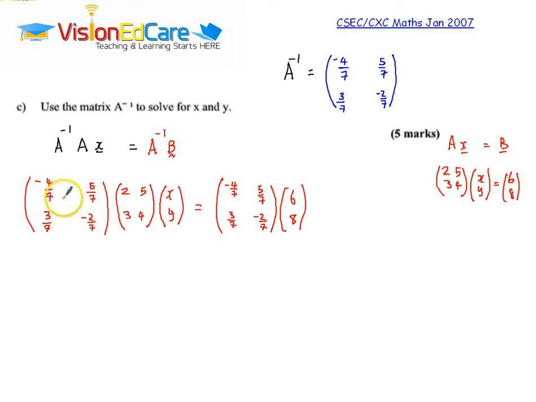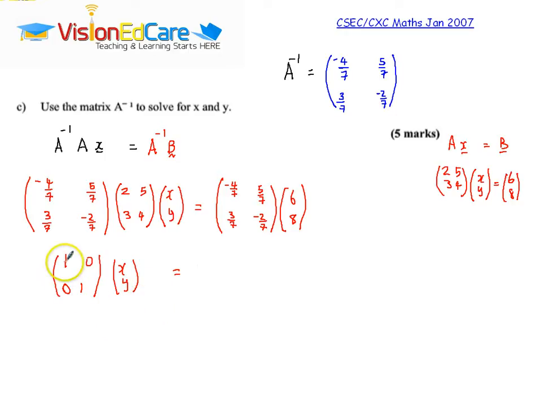A matrix times its inverse gives us the identity matrix, which is 1, 0, 0, 1, times x y, equals the right hand side.